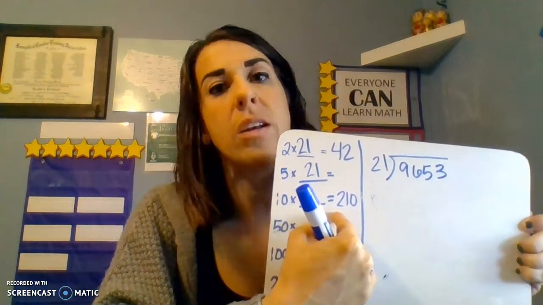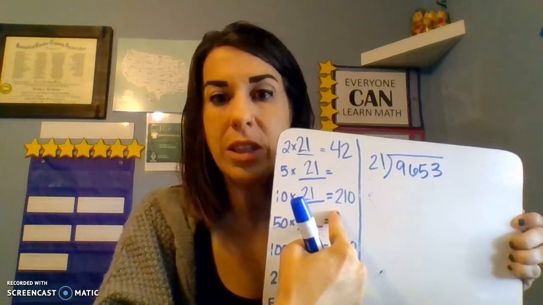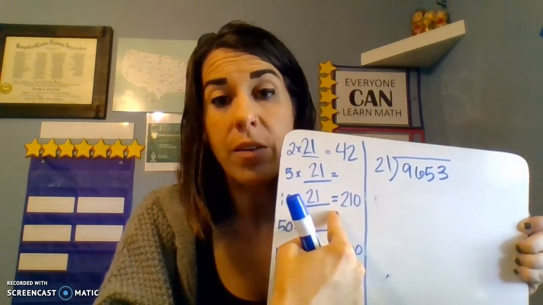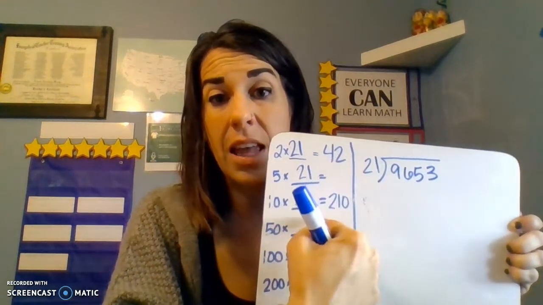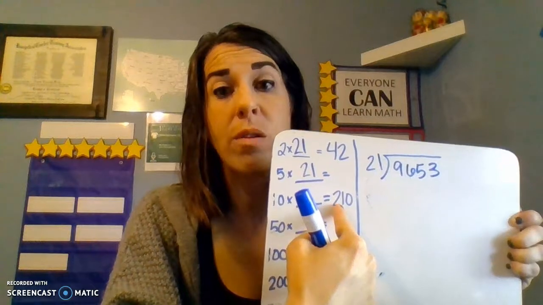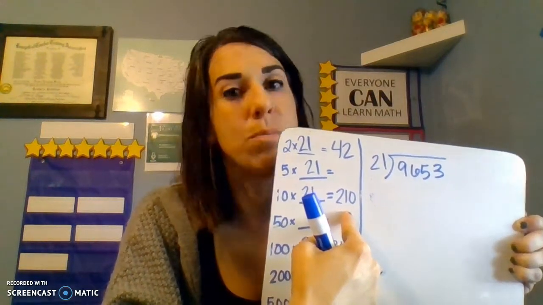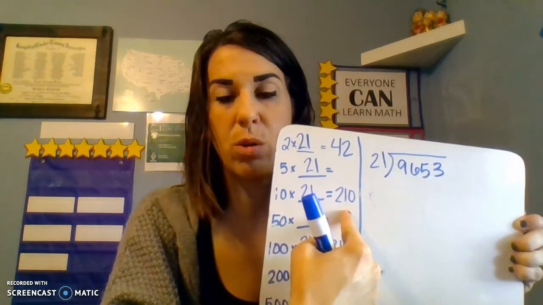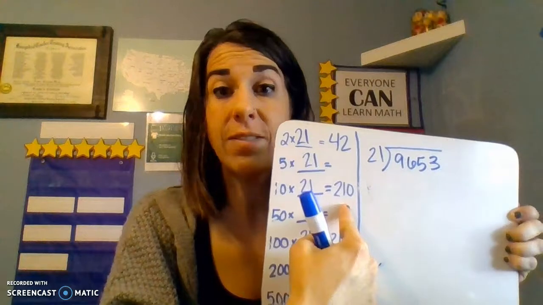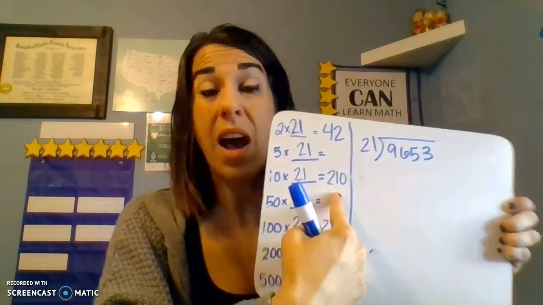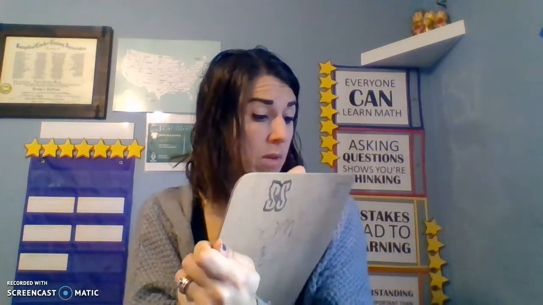So now instead of doing 5 times 21, all I need to do is take half of my answer when I did 10 times 21. Half of this is much easier to do than 5 times 21.